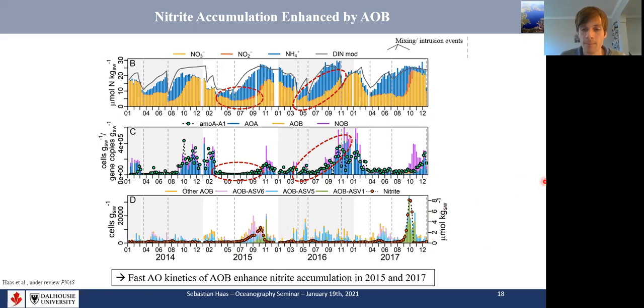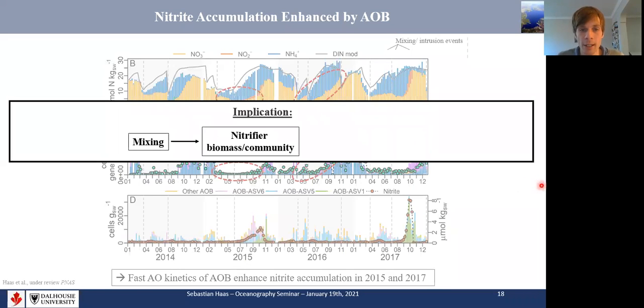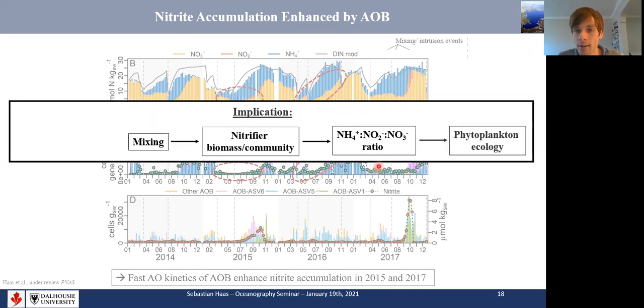The overall implication of this study is that mixing can affect the nitrifier biomass and community, and due to that, the ammonium, nitrite, and nitrate ratios that we encounter at given points in time. And this in turn, if you remember from the beginning of my talk, can affect phytoplankton ecology, at least in theory, since we know from literature that the ratio of especially ammonium to nitrate can affect the phytoplankton community composition.